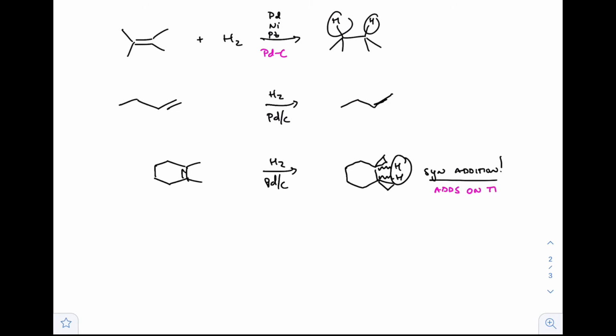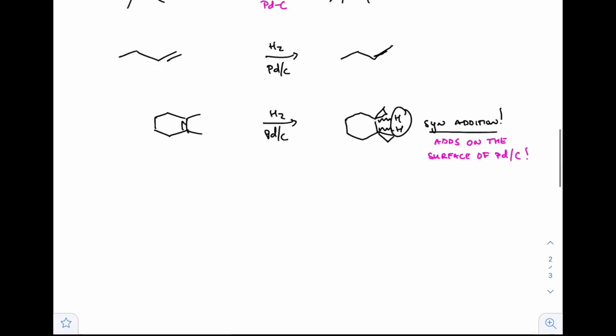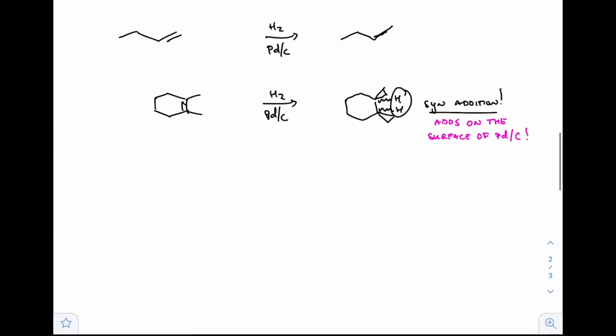Syn addition. The reason why this happens is because the alkene is approaching the palladium carbon surface, because it is a solid material. So it has to approach it on one surface. So imagine the alkene sitting on your table, and then you add hydrogens from your table.